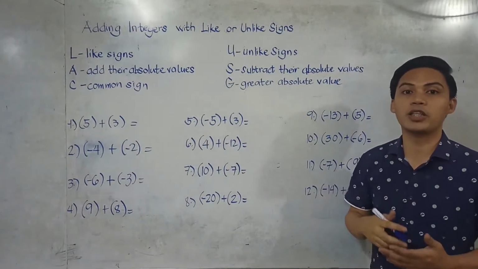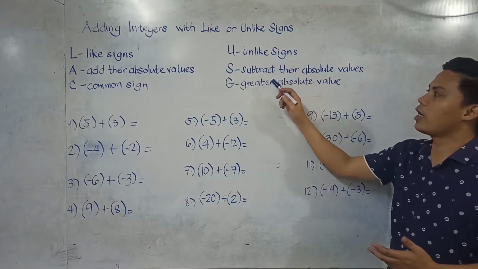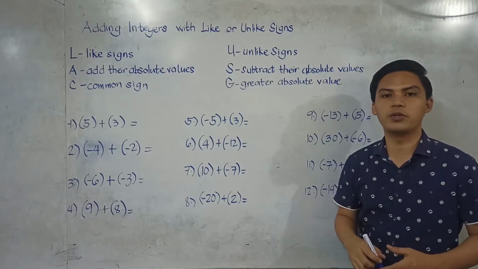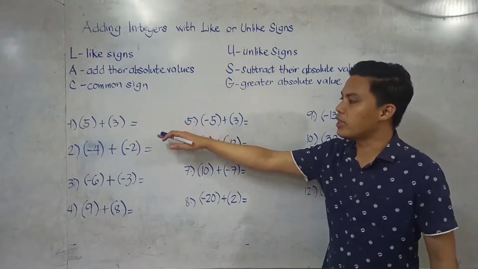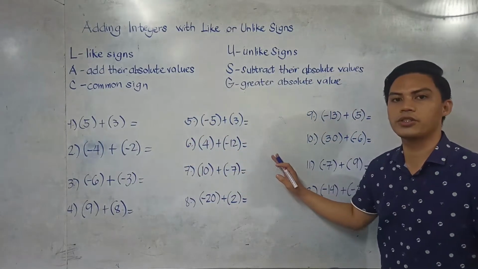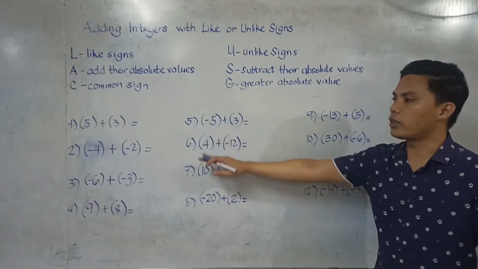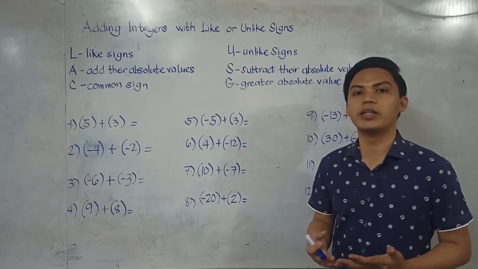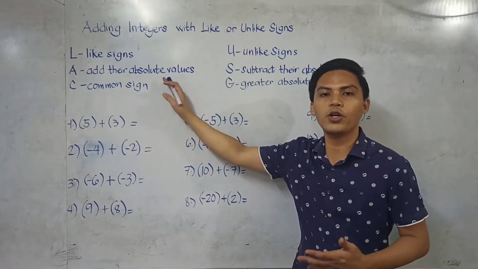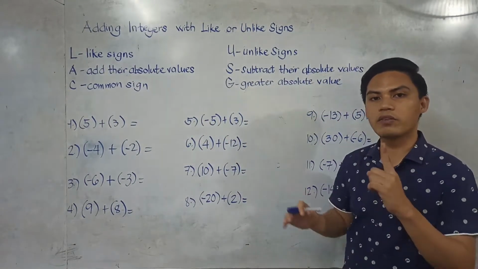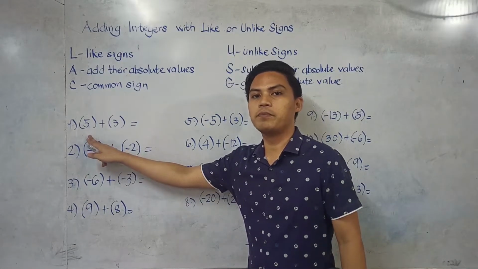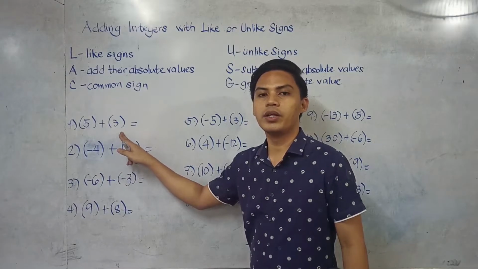At pag sinabi naman natin USG, we have unlike signs, subtract their absolute values, then G for greater absolute value. Iisa-isahin natin ang mga integers na given sa ating activity. Tapos, titingnan natin kung ano yung gagamitin natin. Would it be yung LAC or yung USG? Let's try example number 1. We have positive 5 plus positive 3.